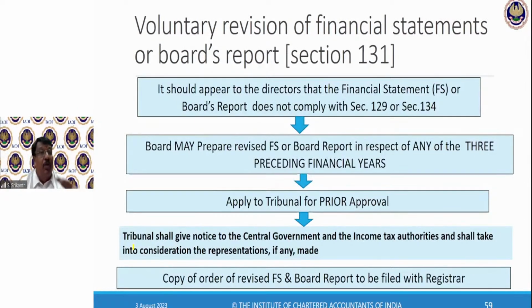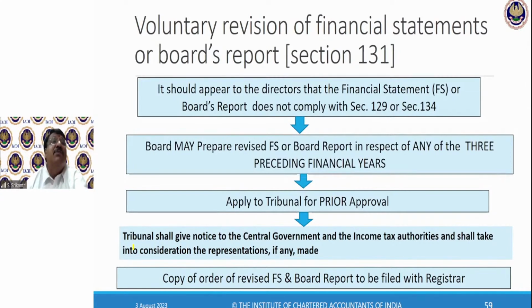Okay, now we come to another aspect, which is called voluntary revision of financial statements or board's report. Suppose it appears to the directors that the financial statements or board's report does not comply with section 129 or section 134. It is non-compliant, maybe with an accounting standard, or not giving a true and fair view, something gone wrong.